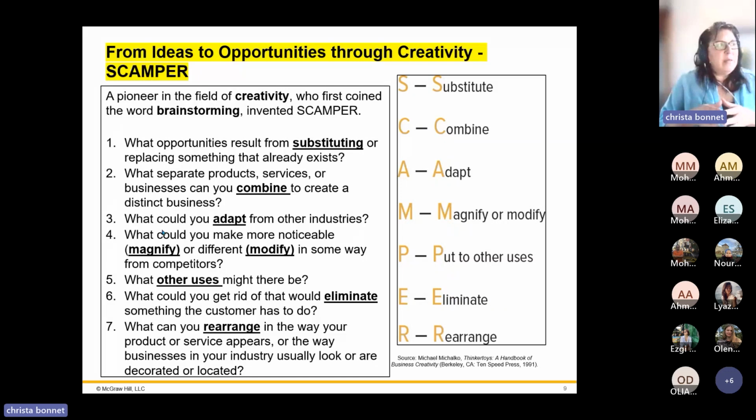So for me, yes, you're going to copycat a little, there's a gap, but how are you going to differentiate yourself so that you have a competitive advantage that is visible to your clients out there?